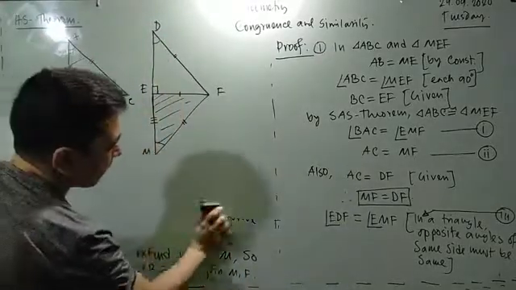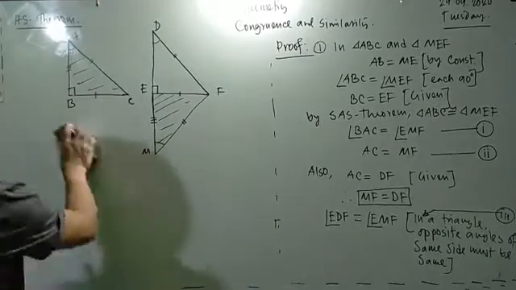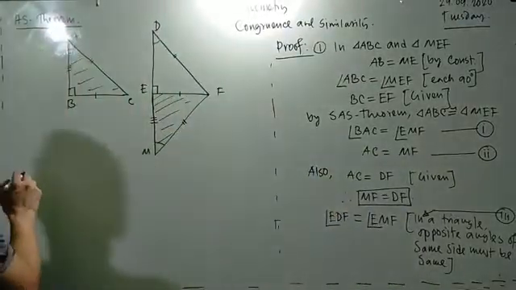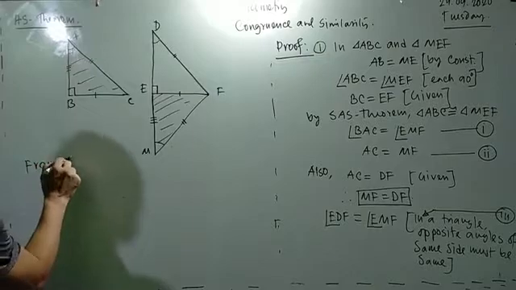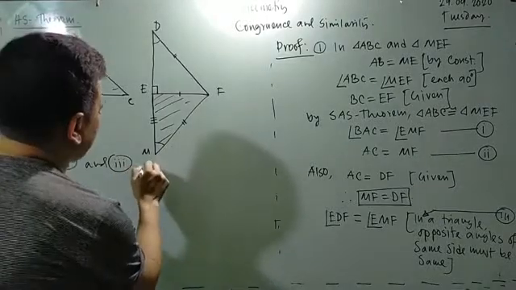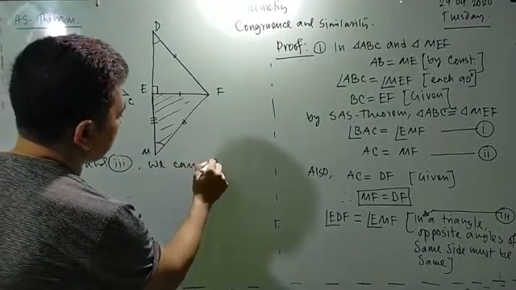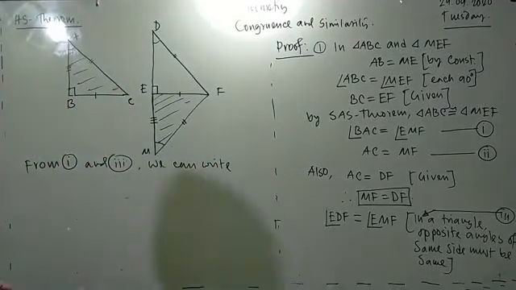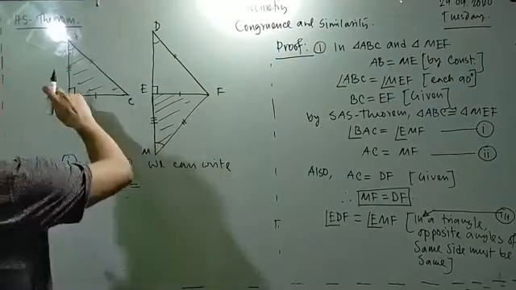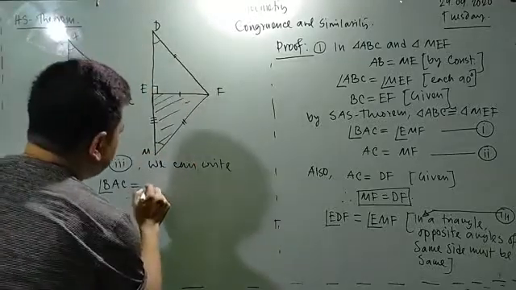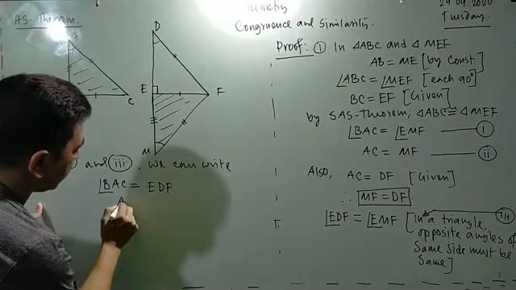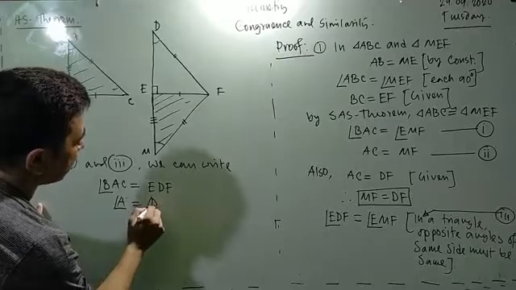Okay, so from 1 and 3 we can write angle BAC equals angle EDF, or you can write angle A equals angle D. You can write this way.